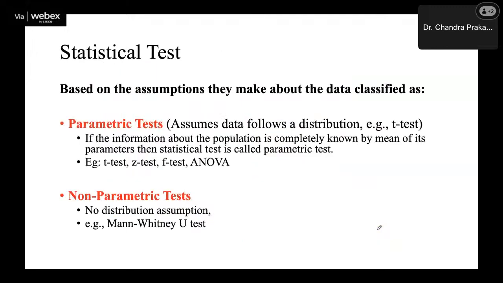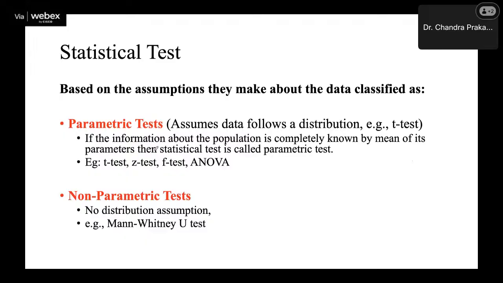Now, based on the assumption we take about the data, correspondingly we have two types of tests, right? The first type of the test is known as the parametric test. Another is non-parametric test. So today in this session, I will be dealing specifically with the parametric test. So in this, if the information about the population is completely known, means I know the nature of the population, right?